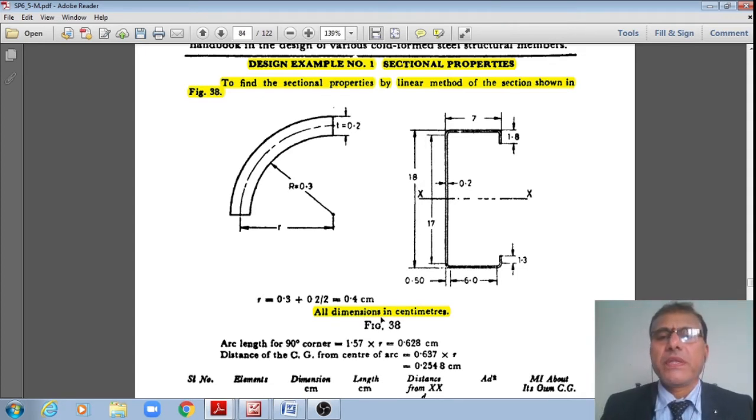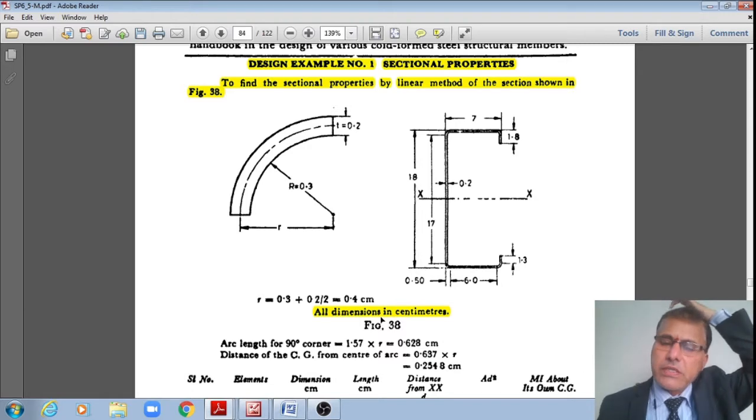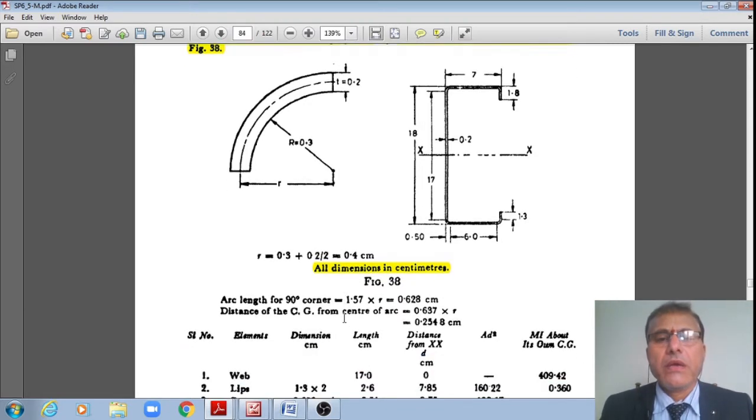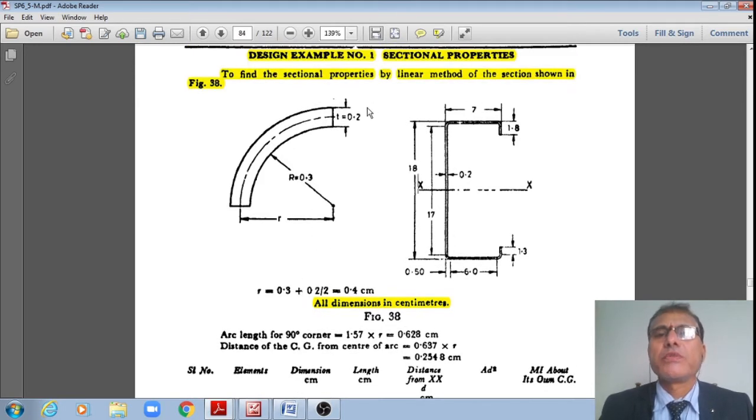Therefore, for this now we need to calculate the sectional properties. However, now the radius is 0.3 centimeter. Therefore, we'll proceed by the central line method, the linear method. Therefore, the average or mean radius up to the center line of this curve is 0.3 plus 0.2 by 2, which works out to 0.4 centimeter.